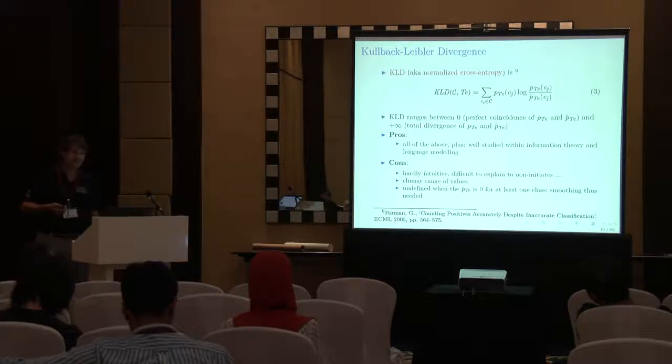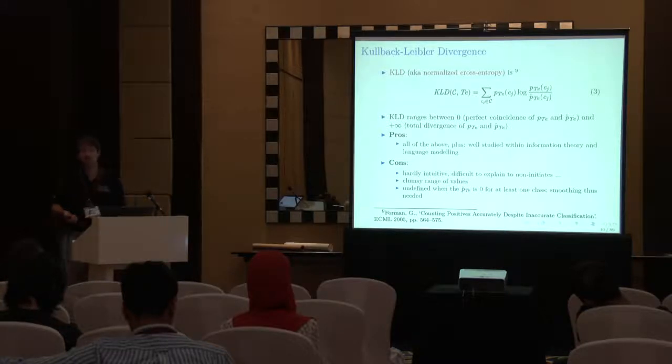It's a measure used quite often in order to estimate the dissimilarity, the divergence between a true distribution and a gold distribution. And this is what quantification is after all.